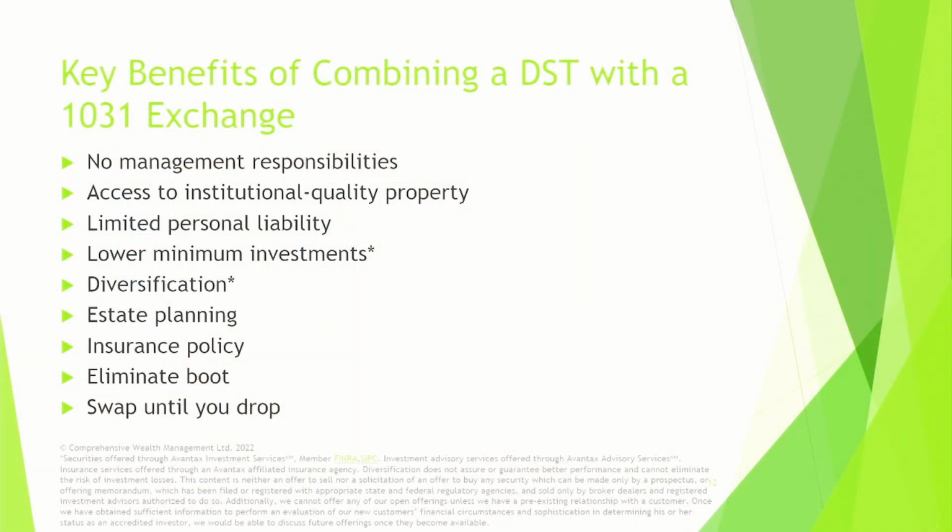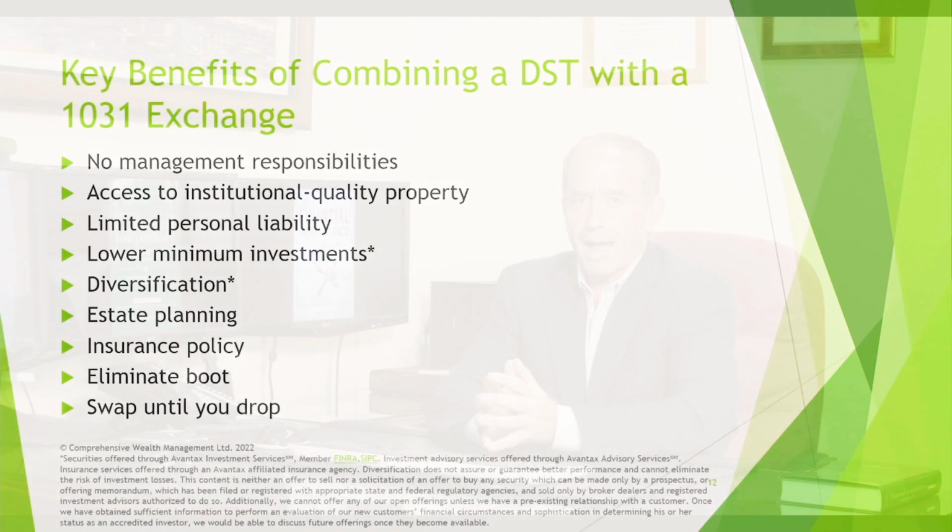And the strategy that many people use, once you're involved with the DST, I think it's more than 90% of DST investors, they implement a swap until you drop strategy. What that means is that once that DST property, whatever property is held within that DST, when the sponsors say this is the time to sell the property, and they make that decision and they sell the property, you have a choice. Choice number one, you're going to pay the tax on all the money that you get from the sale of the DST.